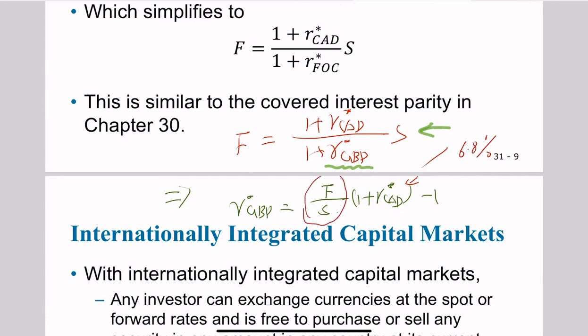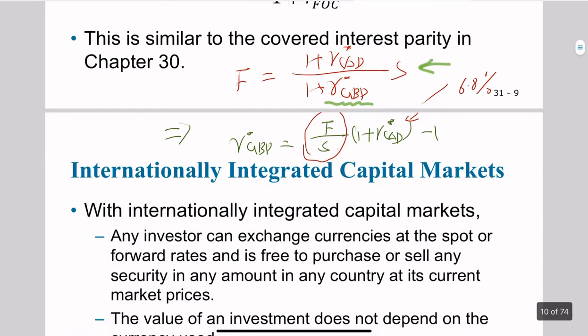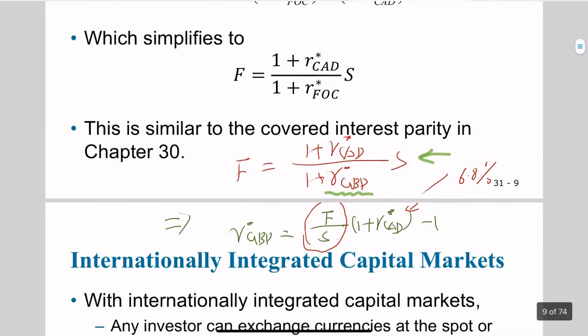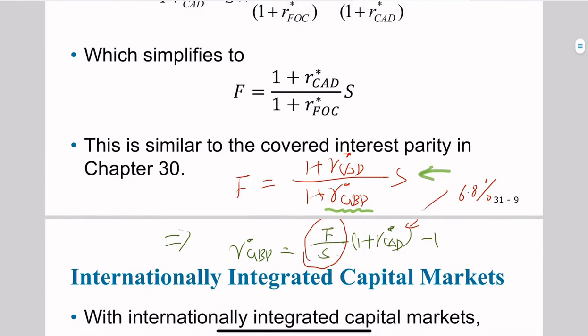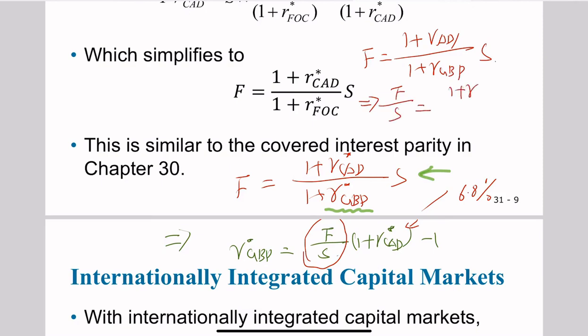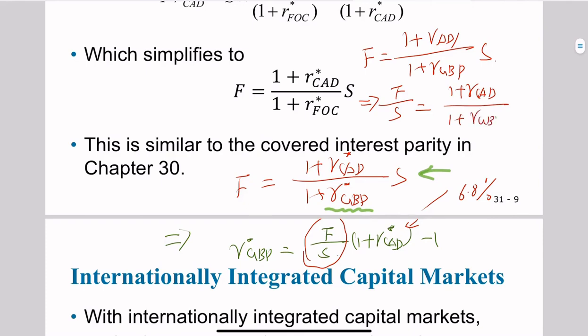And how do we find this one? Well, you can solve this from covered interest rate parity. From chapter 30, we know that F equals (1 plus R_CAD) divided by (1 plus R_GBP) times S. So here you can see that F divided by S equals 1 plus the risk-free rate in Canada divided by 1 plus the risk-free rate in the UK, right?